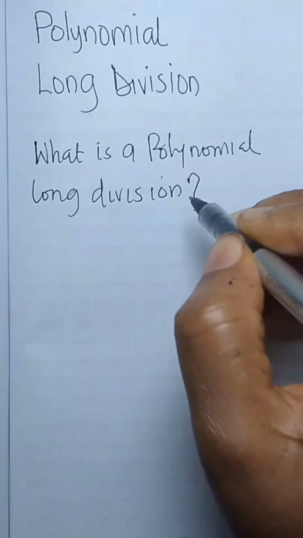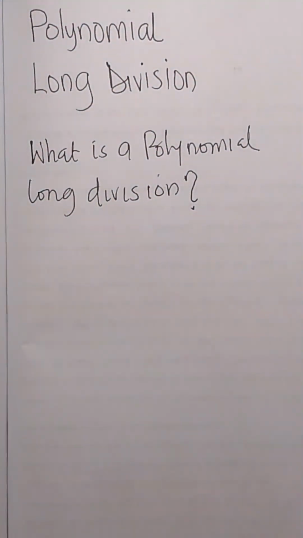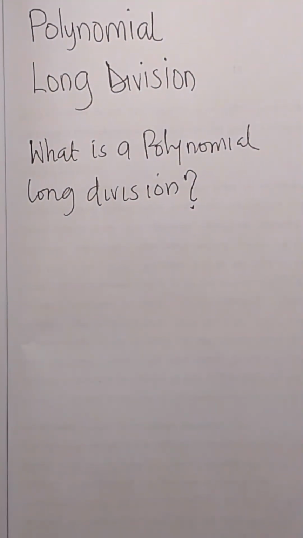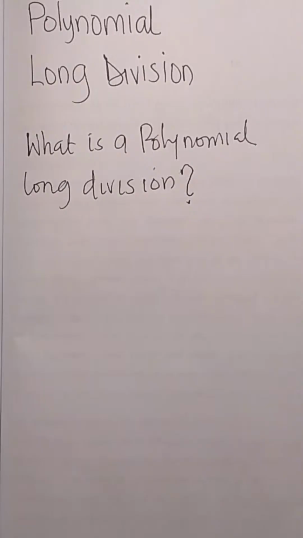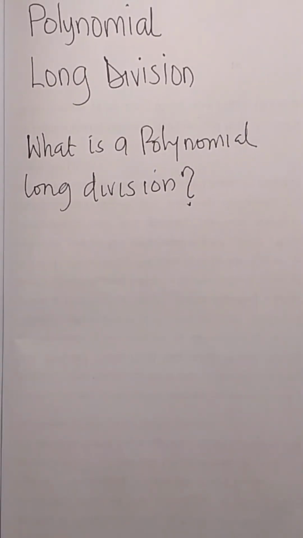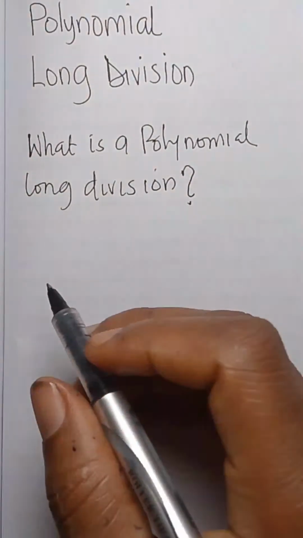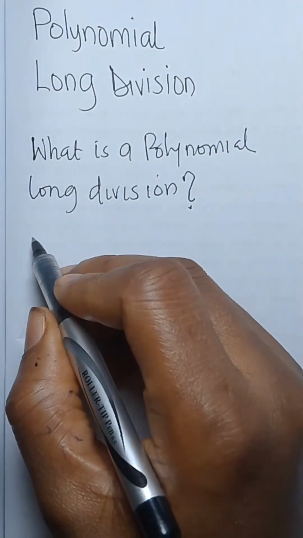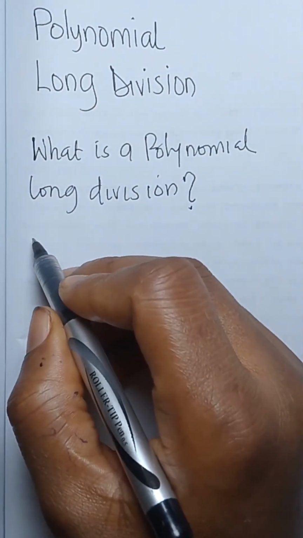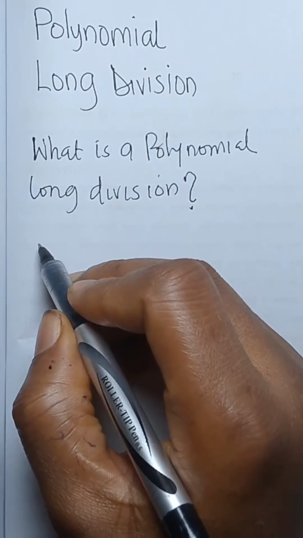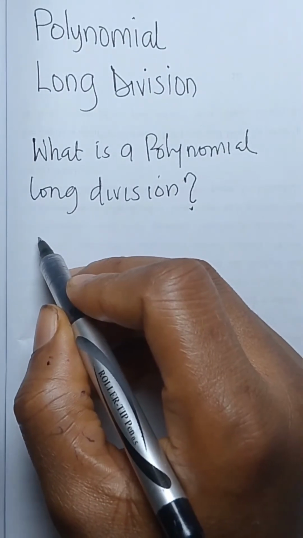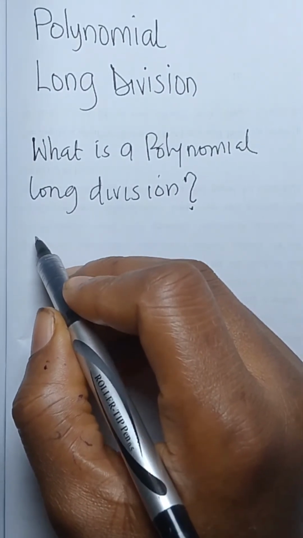Okay, so the answer is polynomial long division is a method used to divide one polynomial by another. It's similar to dividing numbers. The difference is that this one has variables. Then we are going to learn how to divide it using some steps.